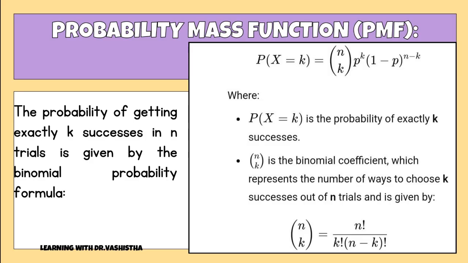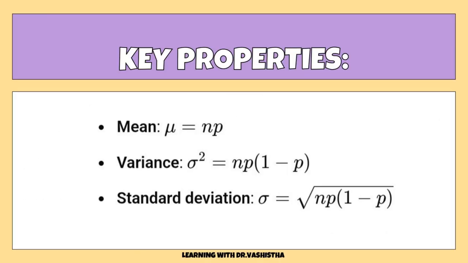So this is how the coefficient is worked out. The property says that the mean mu will be equal to the product of n and p. We already know what n and p are. Variance, the square of the standard deviation, is equal to np(1 minus p), where the standard deviation sigma is the square root of np(1 minus p), or we can say the square root of npq.